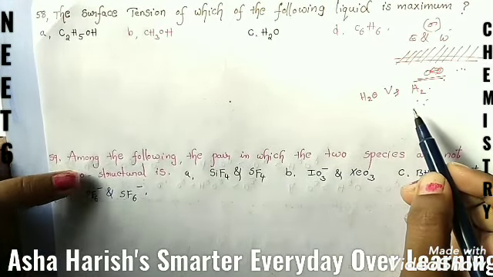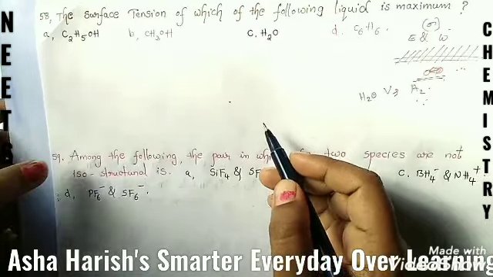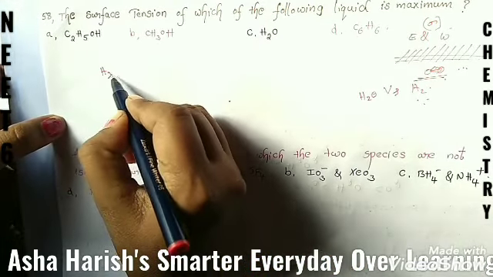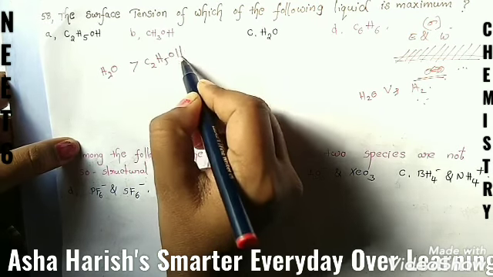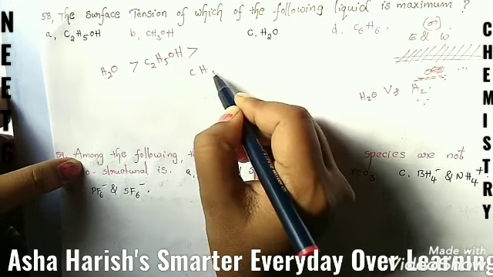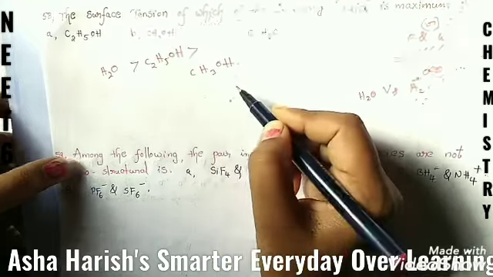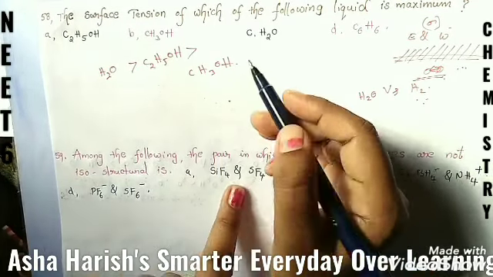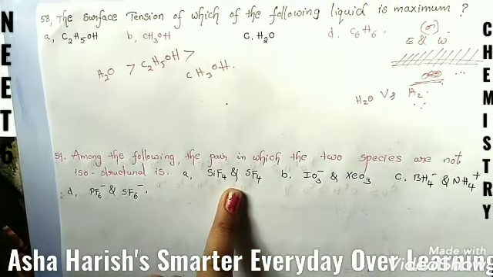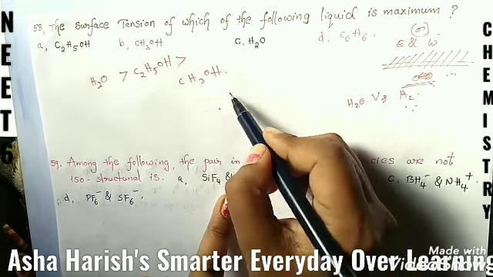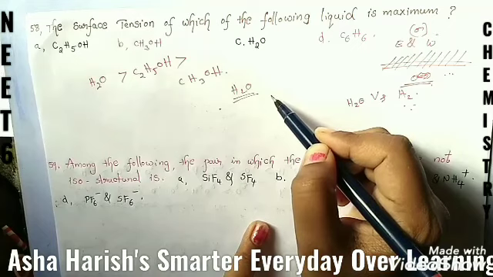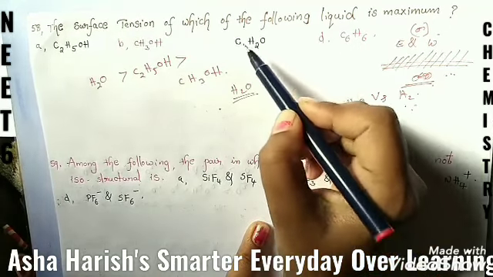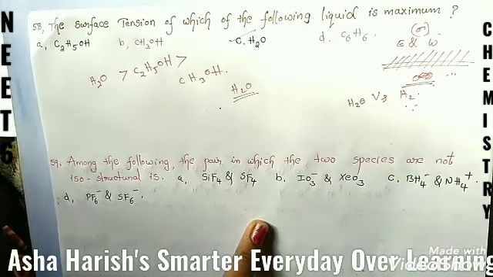Here, hydrogen bonding in H2O is greater than C2H5OH, which is greater than CH3OH. Hence, H2O has the maximum surface tension. Right, students? Option C is the correct one.